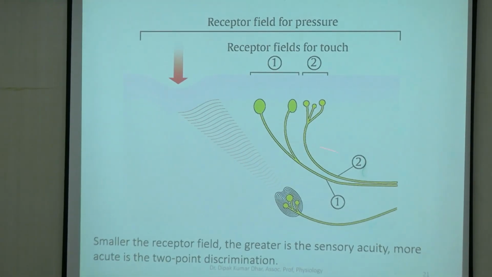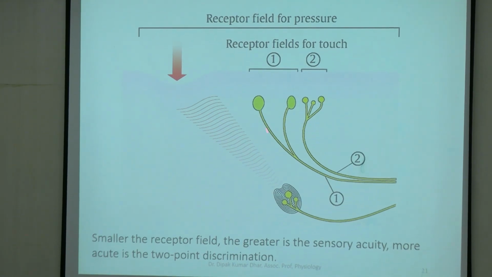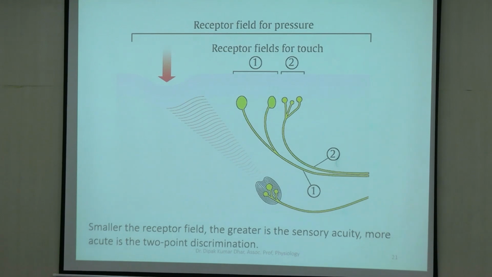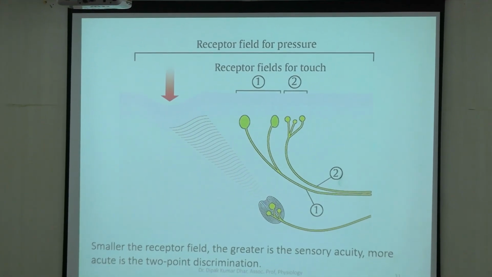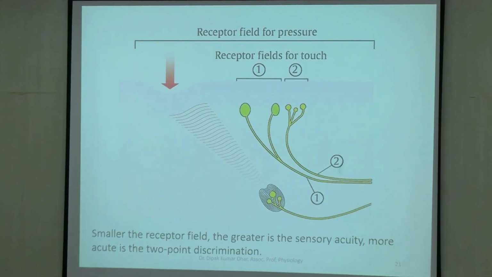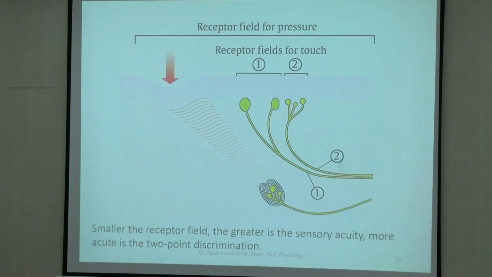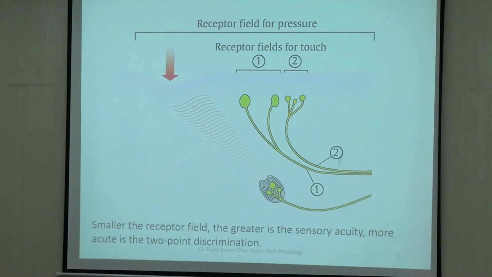Now let's say again I have put a diagram here where you see that so many receptors are there and receptive fields are also mentioned, right? Deeper ones can collect information from a greater area on the skin, right? Superficial receptors have small receptive fields. So for fine touch or 2-point discrimination, which ones are more important?